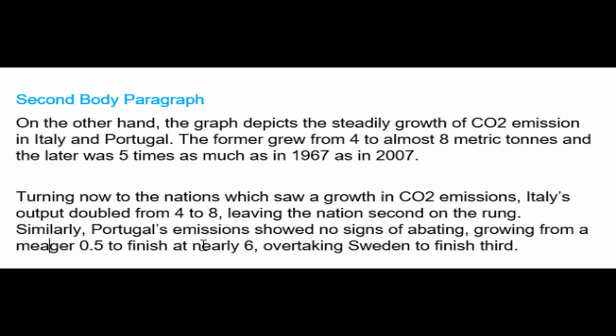So similarly, Portugal's emissions showed no signs of abating, no signs of weakening, growing from a meager 0.5. Here I threw in a little adjective to describe the number, to finish at nearly 6, overtaking Sweden to finish 3rd. So to me at least, it's important to show the change in numbers. Who's first, who's second, who's last.